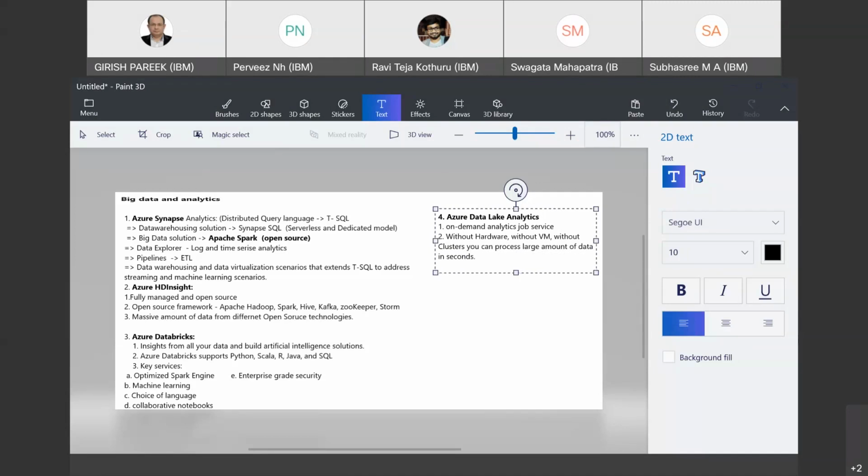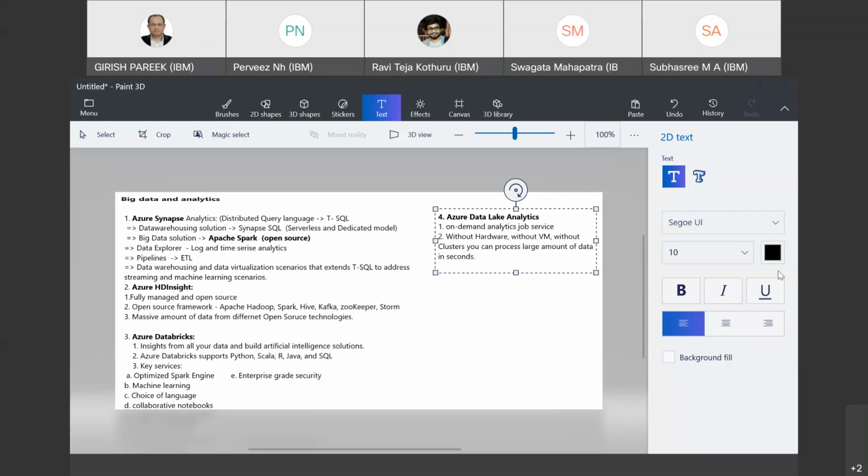How interesting it is, and how your services are moving at such a rapid rate, that you think of it and you will have a solution. Whether your interest is to work with different types of languages, you have the solution using Azure Databricks. If you want to go for machine learning and also adopt your traditional things, you have Azure Databricks and also Azure Synapse Analytics.